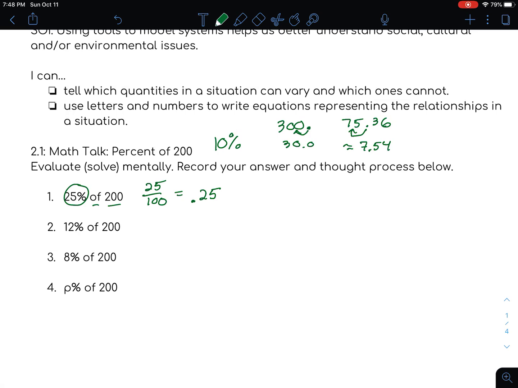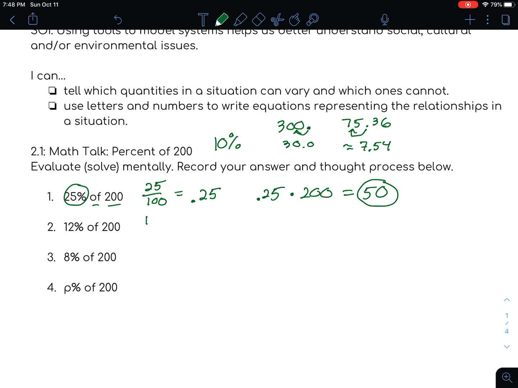And if you're going to calculate a percent of something, that means that really you're multiplying that fraction or that decimal times that number. So you can either multiply 25 hundredths times 200 or just 0.25 times 200. Now, maybe some of you guys are looking at this and saying, okay, well, I know 25% is 1/4. That's fantastic. Yes, exactly. What's 1/4 of 200? 50. So 0.25 times 200 is 50.